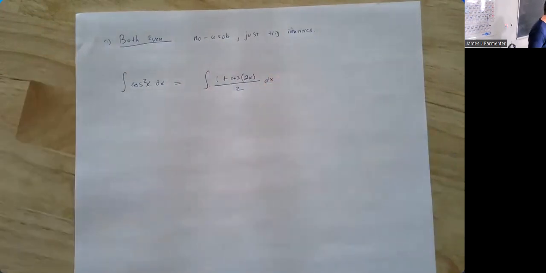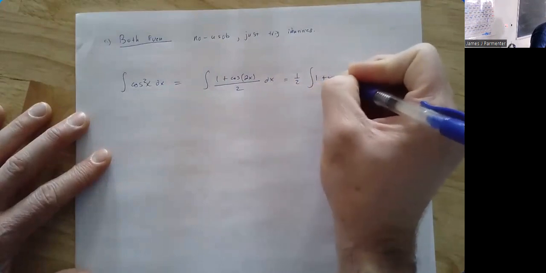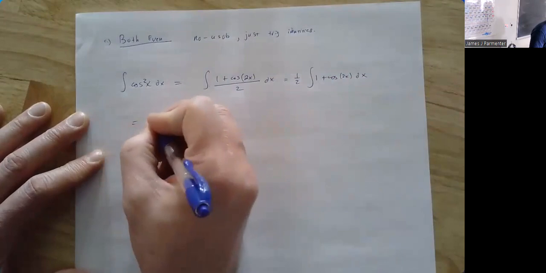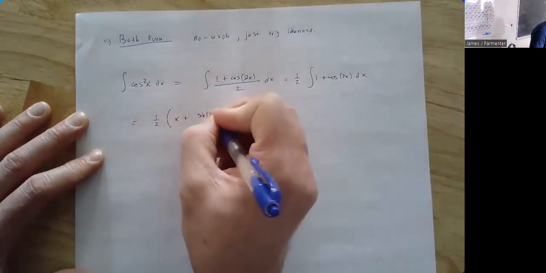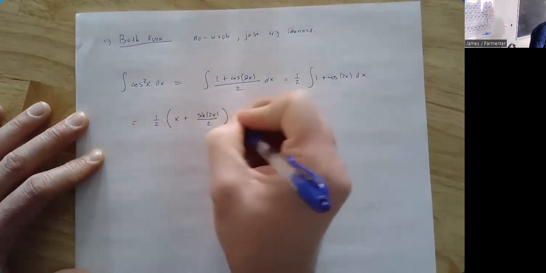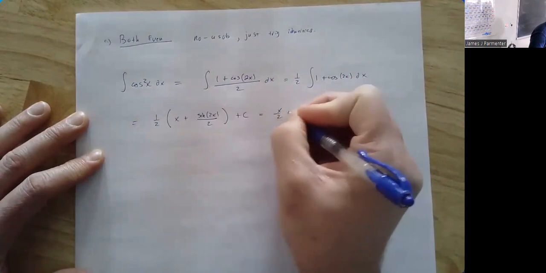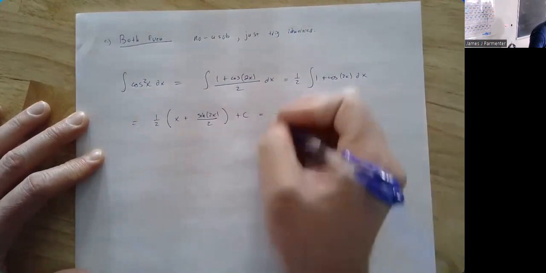I personally like to factor out the 1/2. To get the integral of 1 plus cosine of 2x times 1/2. And then we just integrate and we get 1/2 times x plus sine of 2x over 2. And then you can distribute the 1/2 and get x over 2 plus sine of 2x over 4.